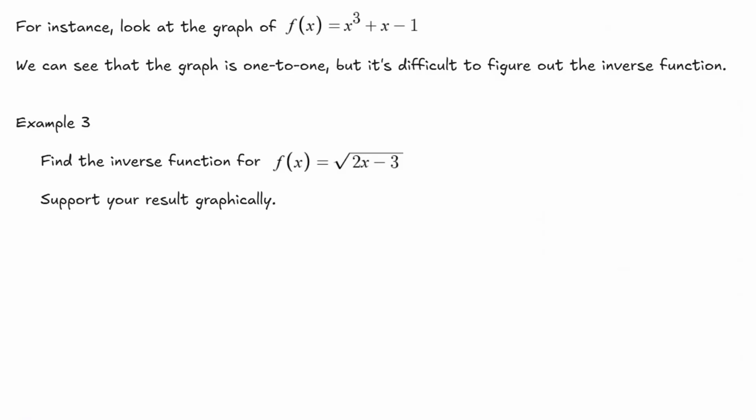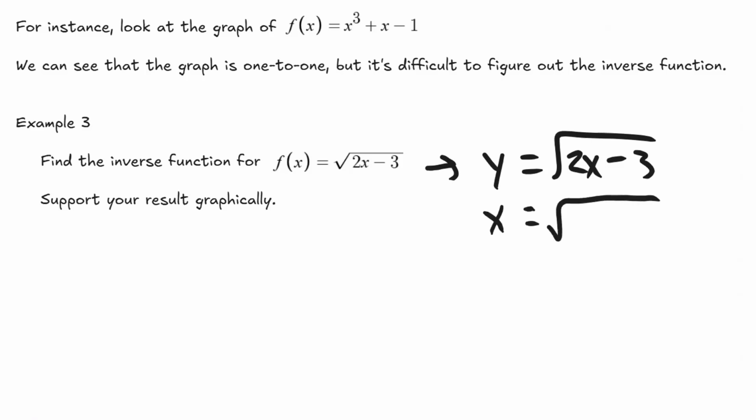We want to find the inverse function for the square root of 2x minus 3. Now first, you have to determine whether the function has an inverse or not. So you could look at the graph and just kind of see it from there. Then you want to solve for the inverse function. So if you let this equal y, y equals square root of 2x minus 3, then the next step is to interchange x and y. So x equals square root of 2y minus 3.